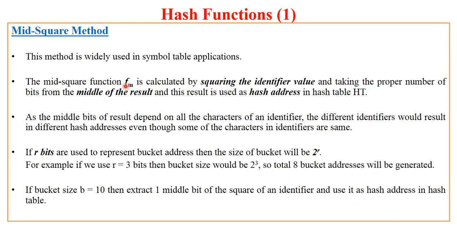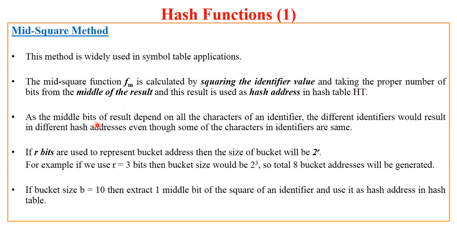Now here the mid-square function is denoted by f(m), and it is calculated by squaring the identifier value and taking the proper number from the middle of the result. So whatever result we get after squaring each number, we take the middle bits of that number, and this middle value is treated as a hash address in the hash table HT.